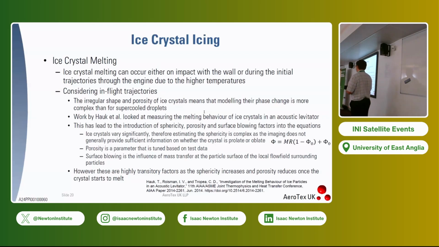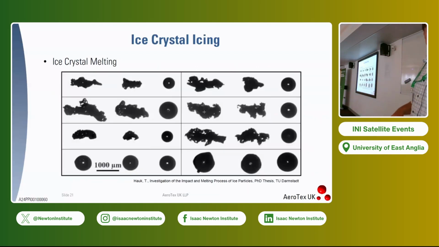We've got a porosity parameter, which says how much air is in there, and then there's this surface blowing factor, which is related to how much heat transfer there is between the crystal and the mainstream itself. But these, of course, are highly transitory because it's melting quite quickly. These are some of the pictures from the levitator. Going from left to right, you can see them changing from an ice crystal into a sphere.